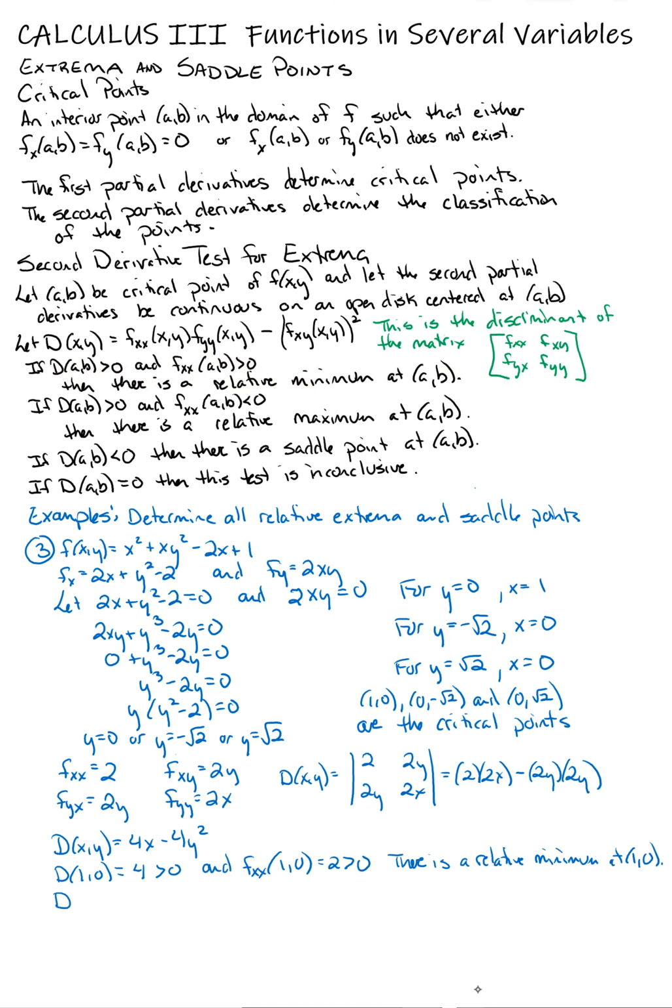How about our next point, (0, negative square root of 2)? Again, we're evaluating our discriminant at (0, negative square root of 2). When we evaluate that one, watch that negative there, we end up with negative 8, which is less than 0, which tells us the discriminant is less than 0, so we have a saddle point.